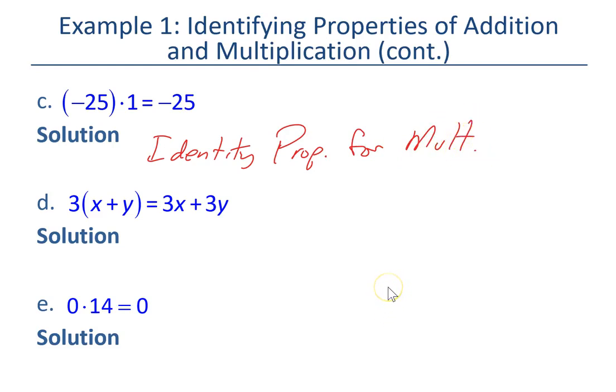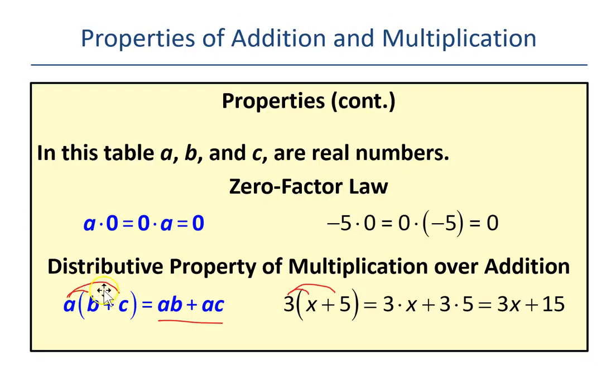What do we have here? I've got a 3 and a parenthesis here, and then all of a sudden something looks different here. But doesn't it look like they took this 3 and put it into here? Whenever I do 3 times x, I get that, 3 times y, I get that, and add them. Let's go back up and remember that this is the distributive property of multiplication over addition.